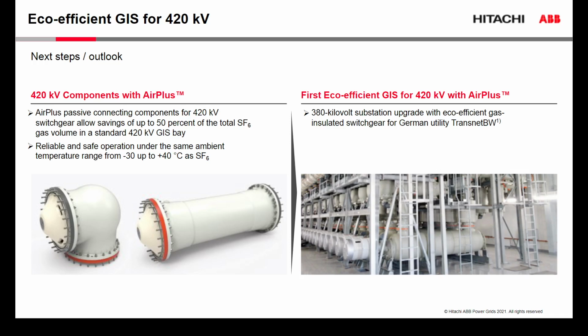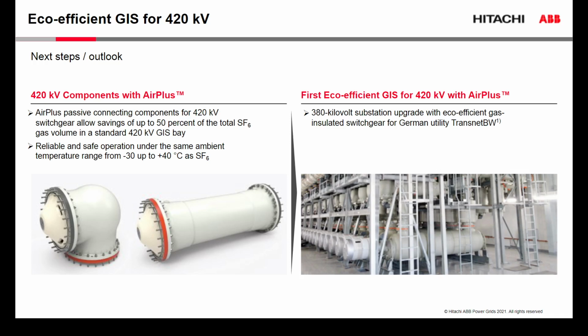That means up to 40–50% of the GIS is actually passive components, which will be filled with the AirPlus technology, and with that reducing the SF6 in the GIS.